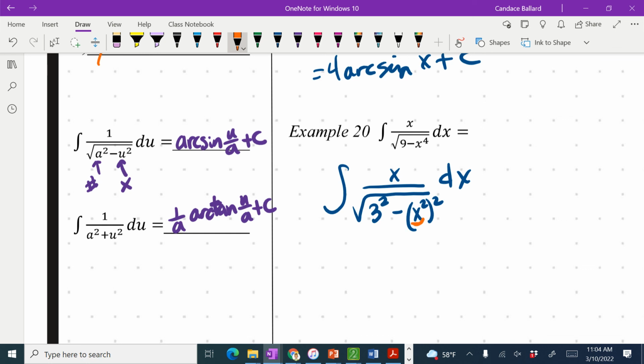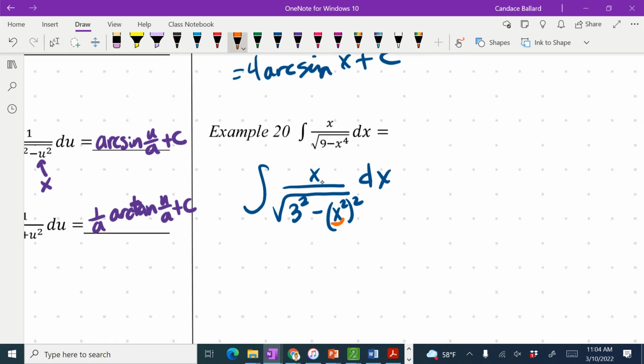And I know there's 2 u's now running around, right? There's the U substitution u, and then the u that's in the formula for arc sine. So we're going to use the U substitution u. So u equals x squared. What does du equal? 2x dx. Perfect.